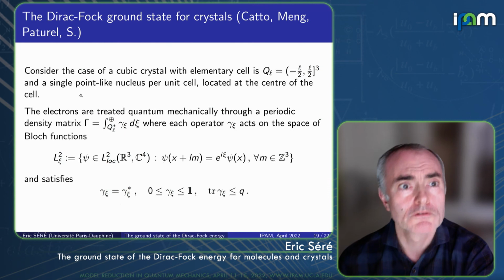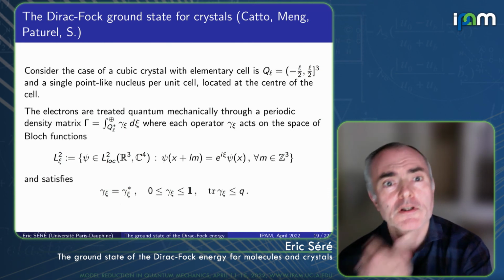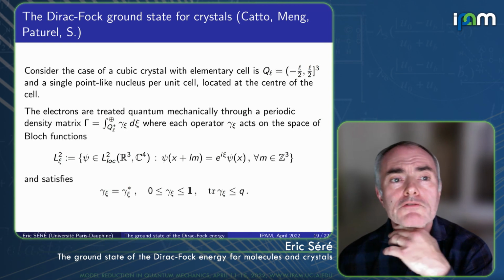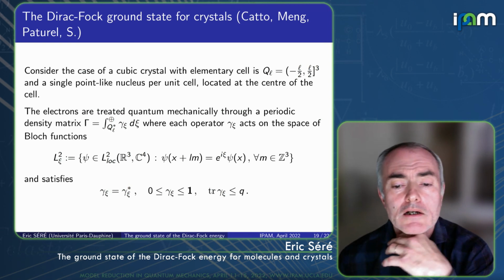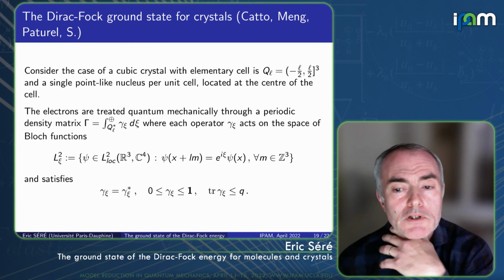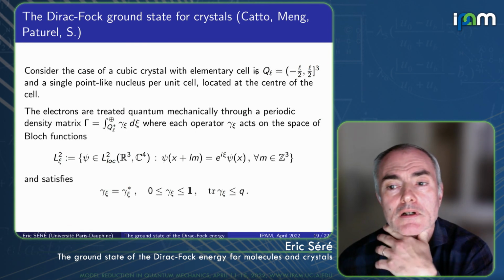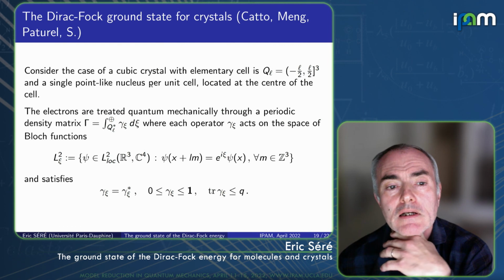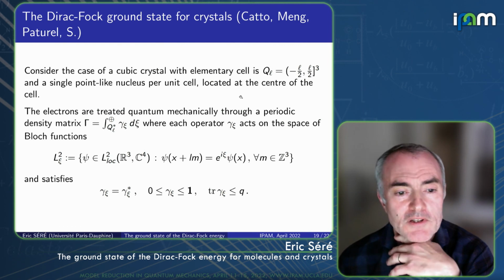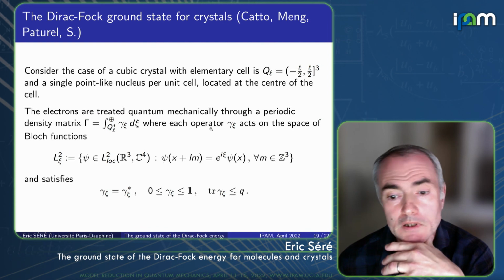Okay, so the last thing I wanted to talk about is very recent work, which is an extension of Dirac-Fock to crystals. Essentially, you look at a crystal, let's say, with cubic cell and with nuclei located in the center of each cell.